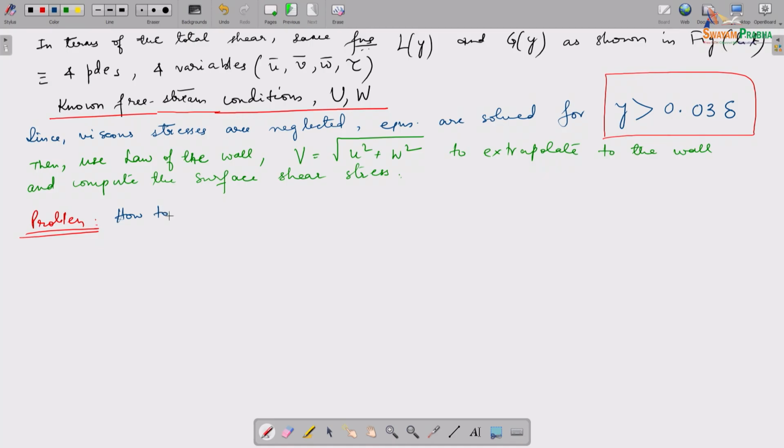So the problem is how to ascertain the exact direction of the surface shear stress.